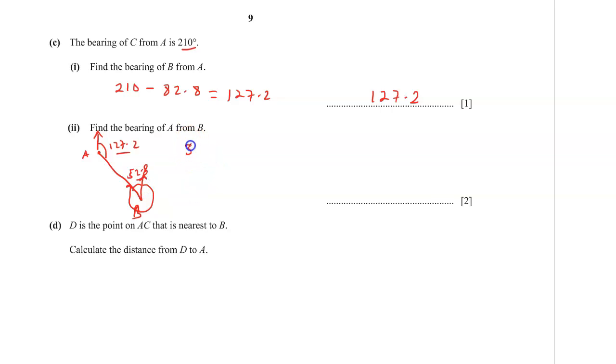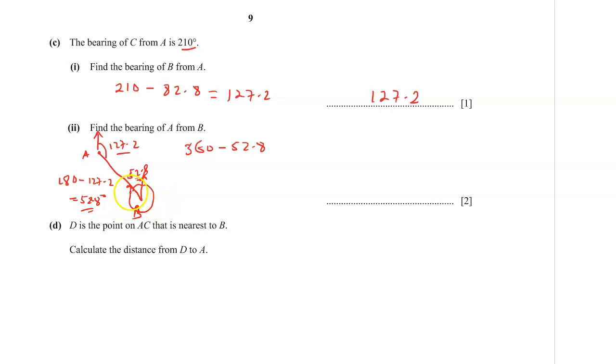So you get 360 minus 52.8. If you're not getting this, it is 180 minus 127.2. This should give us 52.8 degrees, which is this angle here.